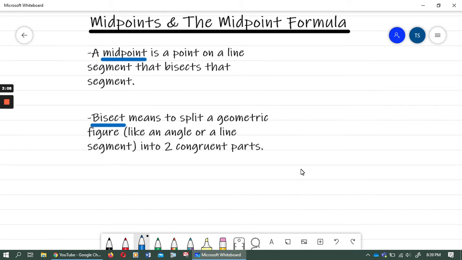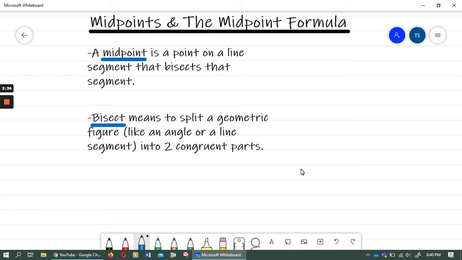When we say congruent, what we mean is pretty much this, guys. Geometric figures, or parts of geometric figures, are considered to be congruent only if they have all of the same measurements.